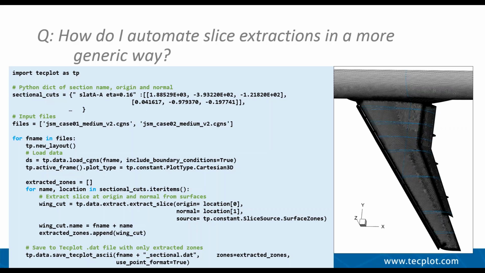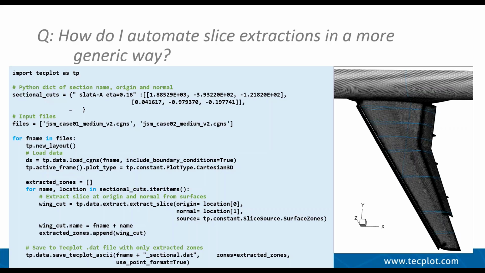But for demonstration purposes, we'll be looping through 2 of the JSM cases, making sure that we've got a fresh start by doing a new layout between the files, then loading CGNS with the boundary conditions included. They'll be turned off actually by that parameter. Then we also want to make sure that Cartesian 3D is our plot type, because slicing only works when we're in a 3D plot type.